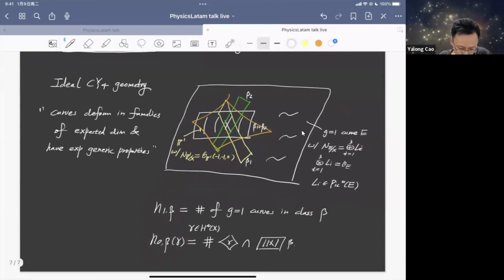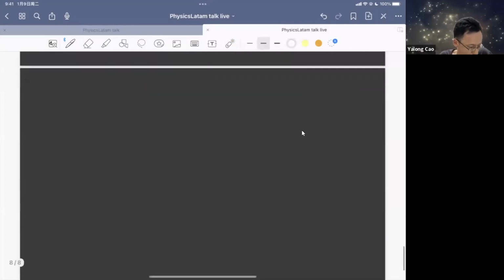Okay, so now in the rest of this talk, I will give another perspective for such a Gopakumar-Vafa invariance via this Swift's vertical method.